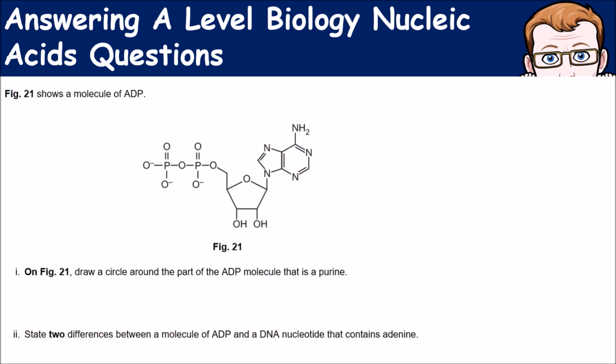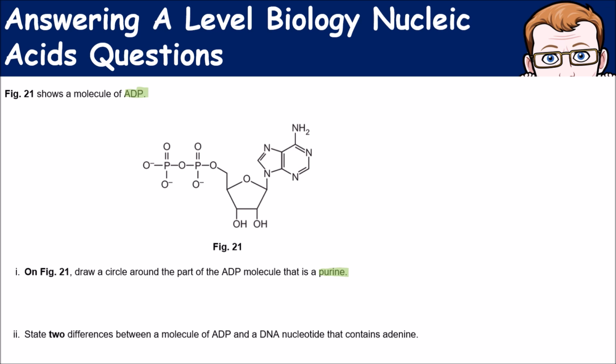Let's have a look at a quick question. Figure 21 shows a molecule of ADP. Draw a circle around the part of the ADP that is a purine. Quite often when they talk about nucleotides, they will relate it back to ATP or ADP.